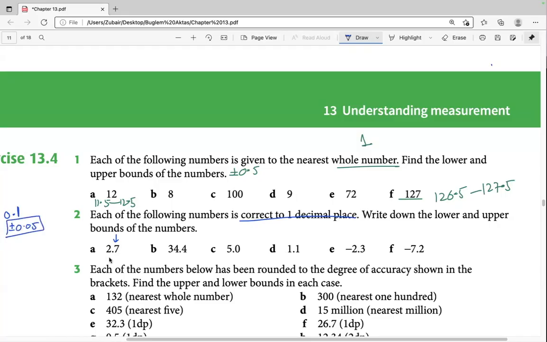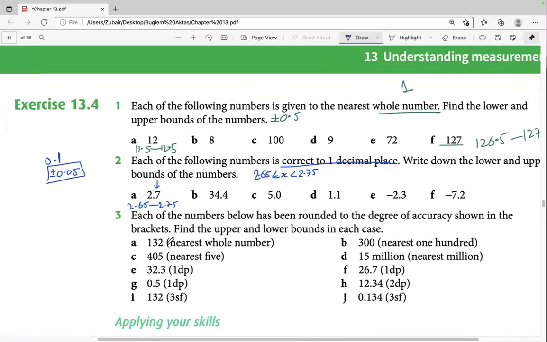So this is 2.75 and 2.65. Whenever we have to write it as an inequality, we write 2.65 less than or equal to, and less than 2.75, because rounding 2.75 never makes it 2.7.